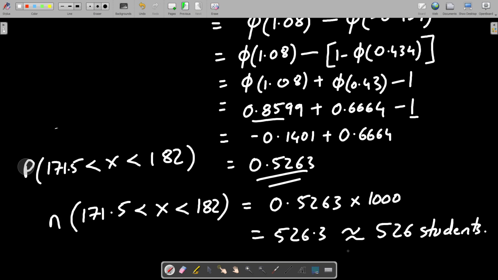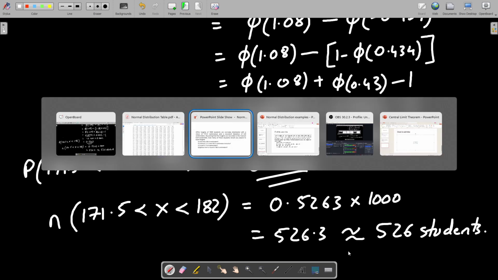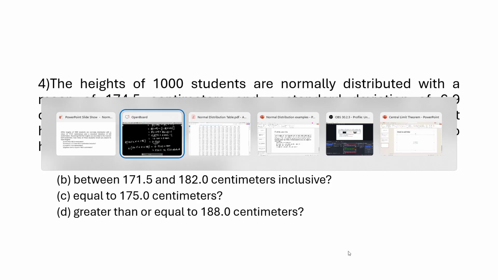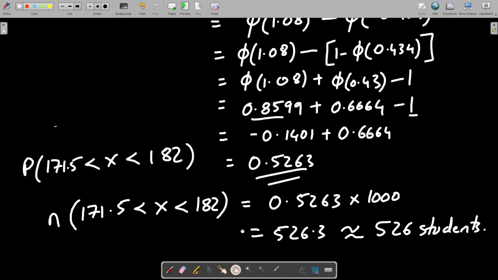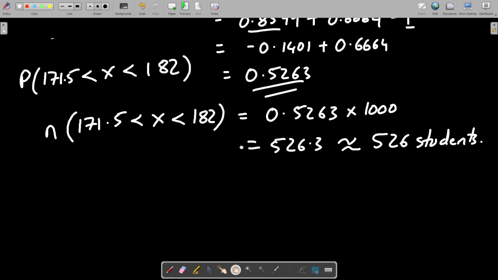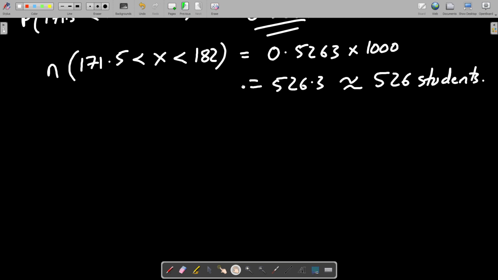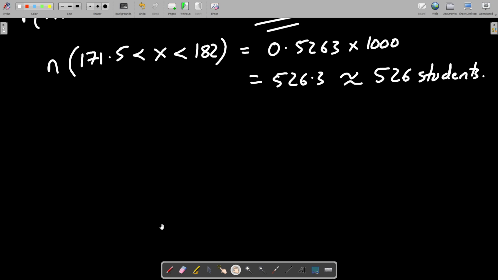So the next one is, how many students have height equal to 175 centimeters? So they want probability of capital X is equal to 175.